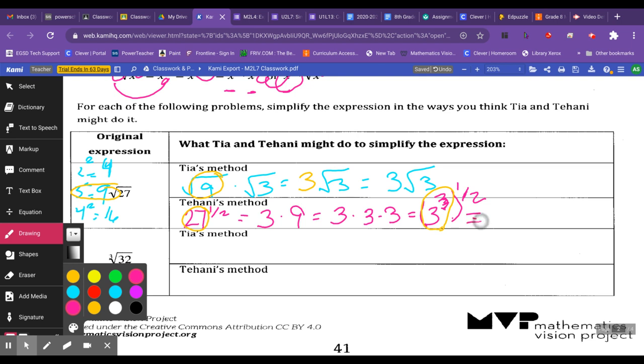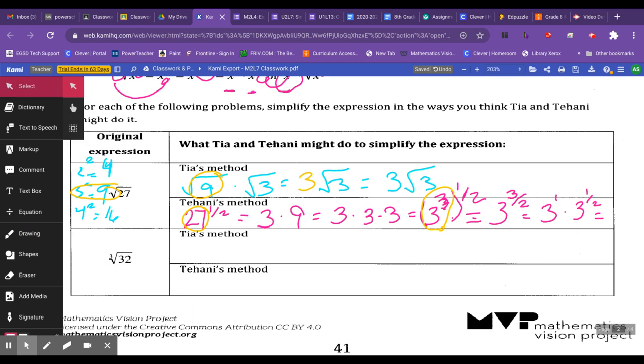Well, I know that when I have a power of a power, I multiply the two together. So that puts it 3 to the 3/2, which is the same as 3 to the 1st times 3 to the 1/2. And I'm running out of room.